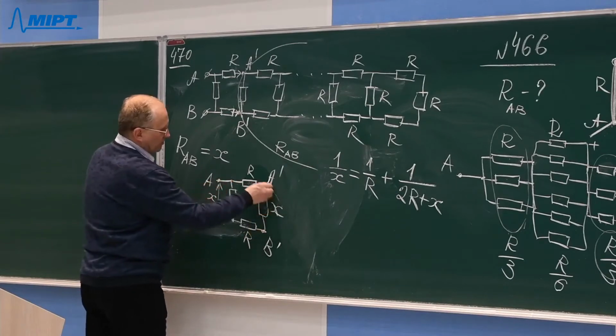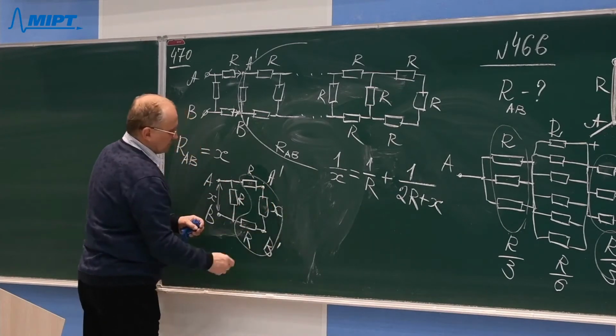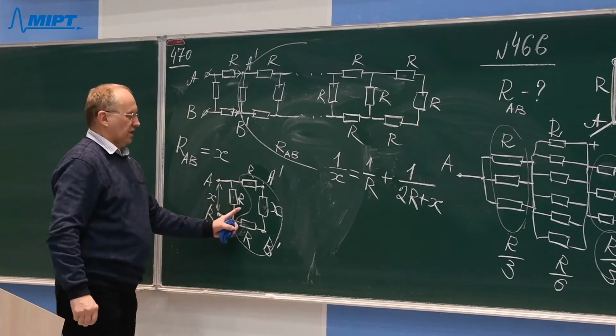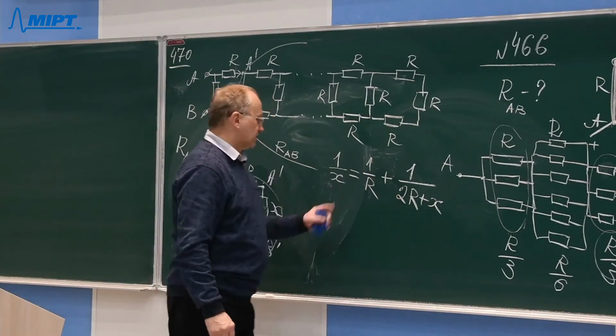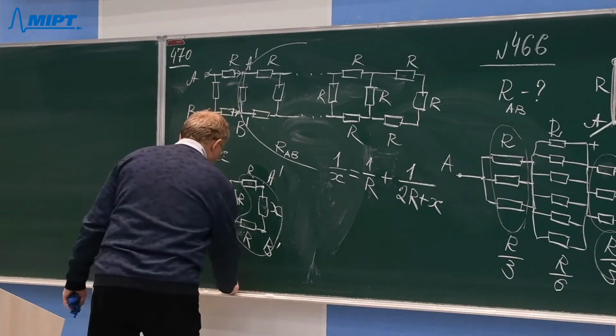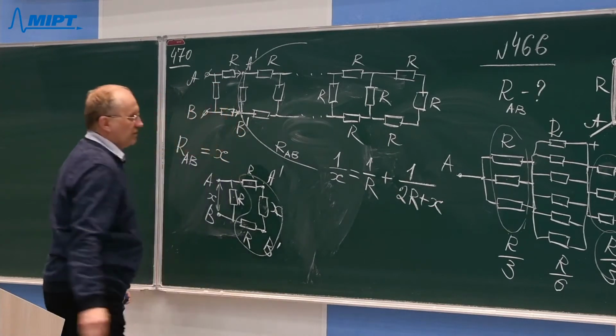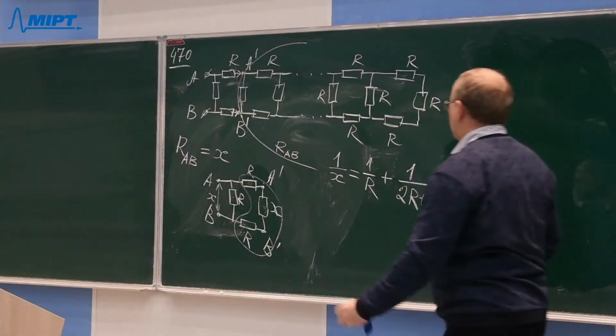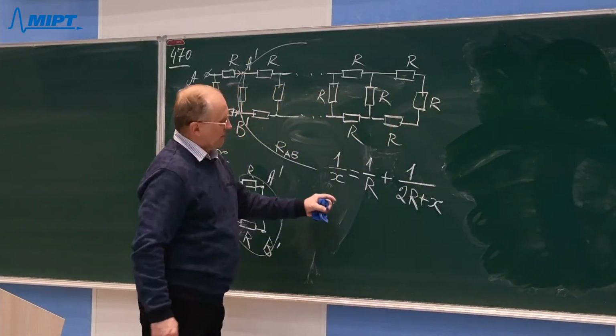And this part of the circuit will be connected in parallel with the first resistor R. So the total resistance will be found by solving this equation with respect to X. Well, let us solve this equation.